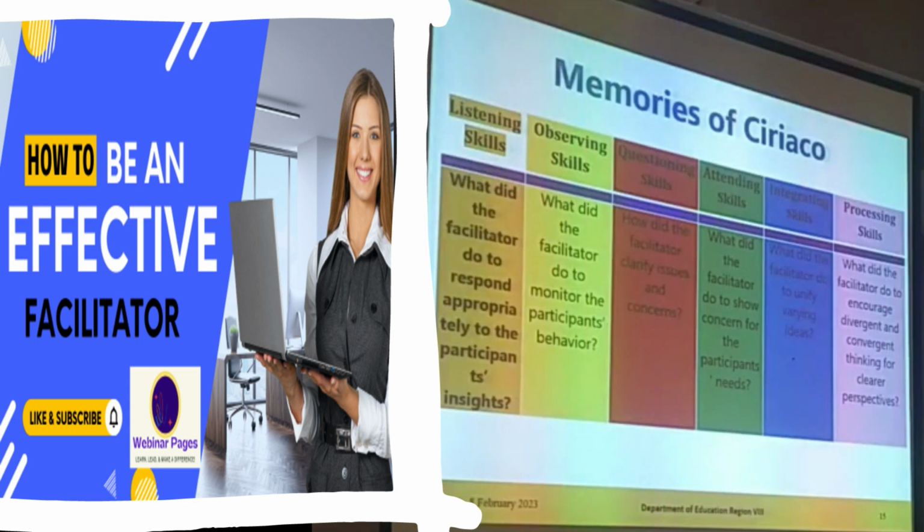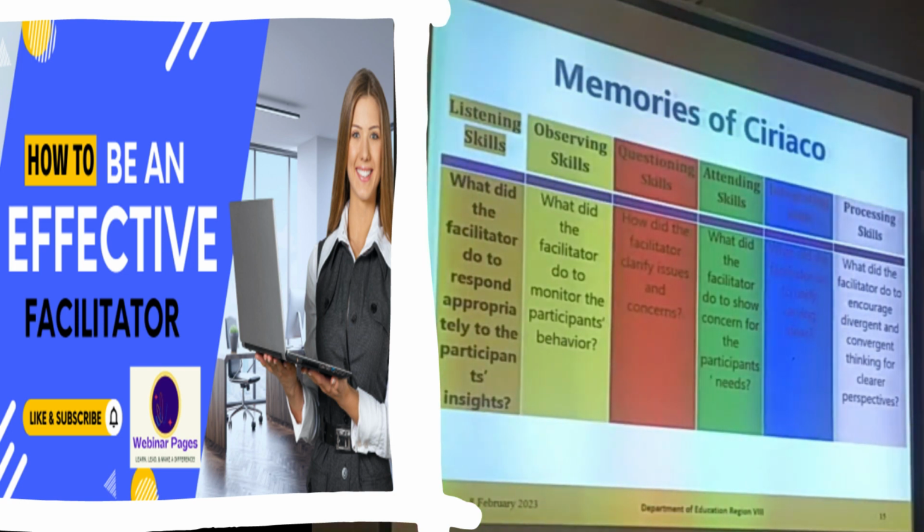For the next section, what did the facilitator do to show concern? Here, showing concern for the participants' needs is attending skills. The facilitator showed concern to all the participants by giving additional inputs in writing a research paper.